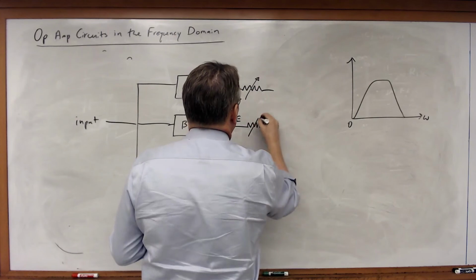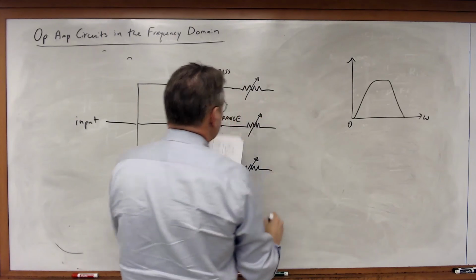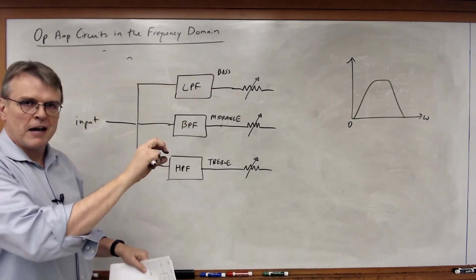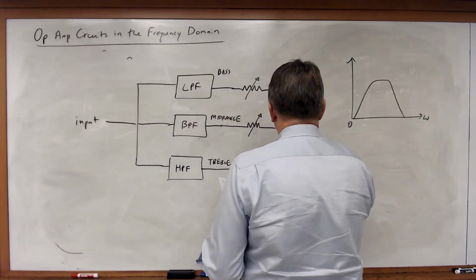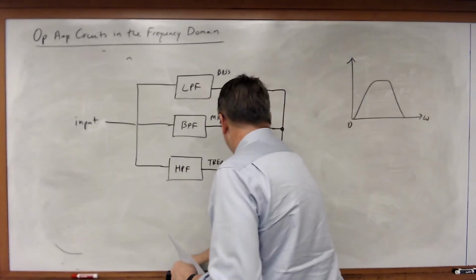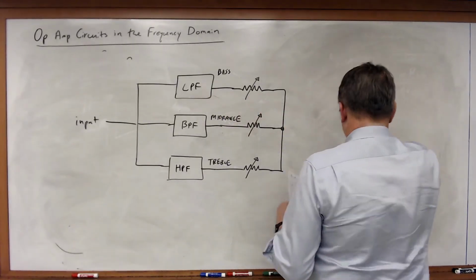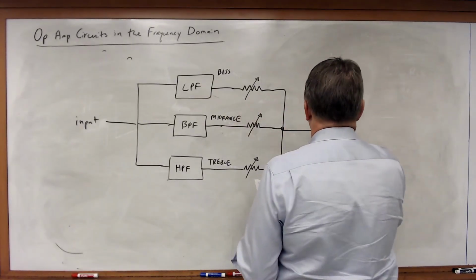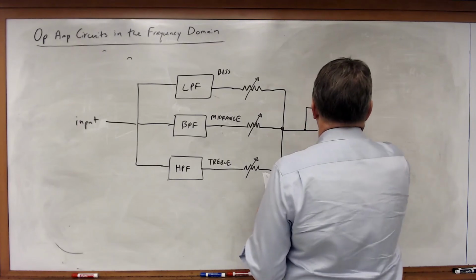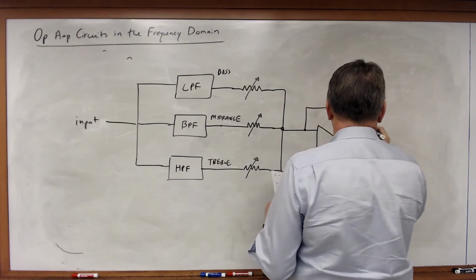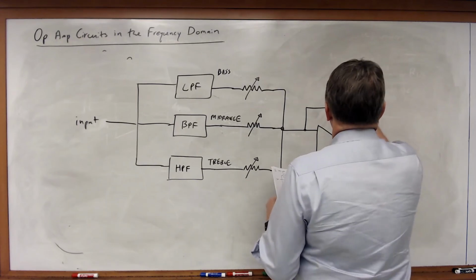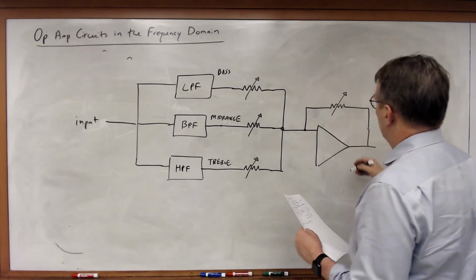And I'm going to draw arrows through these to indicate these are variable resistors. I can adjust them, and then I combine them together. And add another adjustable resistor.